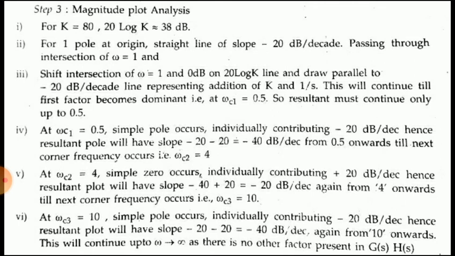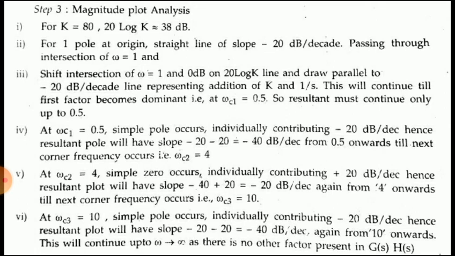Then you have to shift the intersection of omega 1 and 0 dB onto the 20 log k line and draw a line parallel to the minus 20 dB per decade line, representing the addition of k and 1 upon s. So shift the intersection point of omega 1 and the 0 dB onto the 20 log k line and draw parallel to the minus 20 dB per decade line.